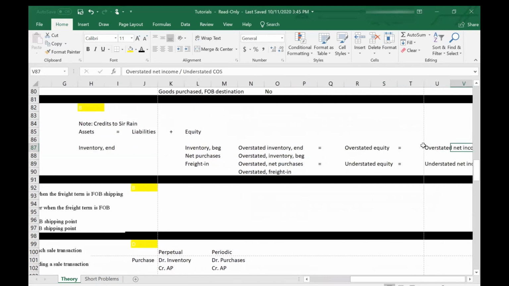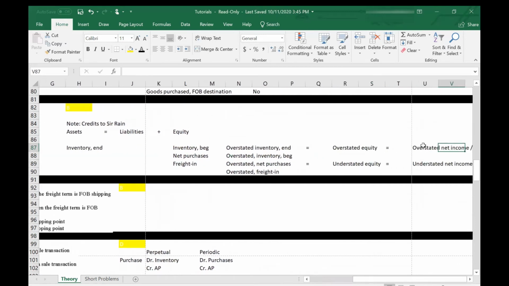Okay. So, let's do the accounting equation now. If your ending inventory is overstated, meaning assets are overstated, then for your accounting equation to be balanced, equity must also be overstated. Because the equation is assets equal to liabilities plus equity.